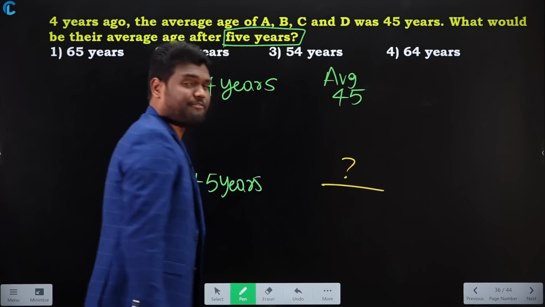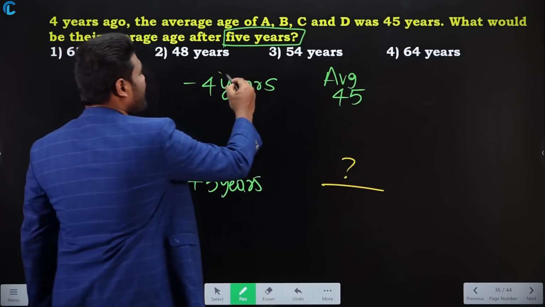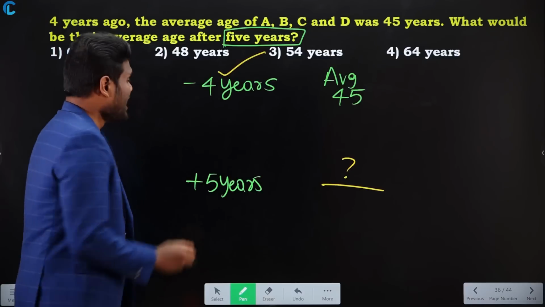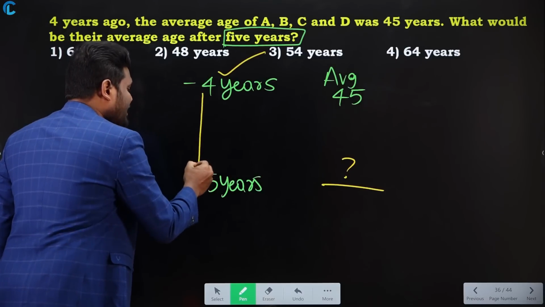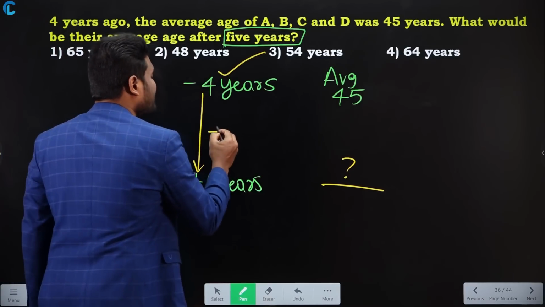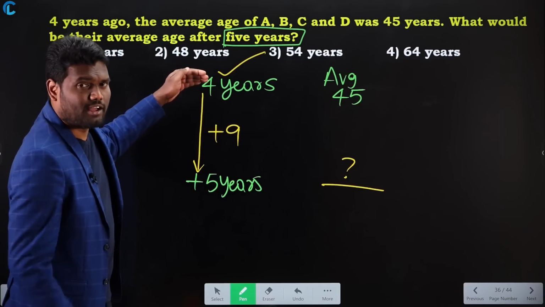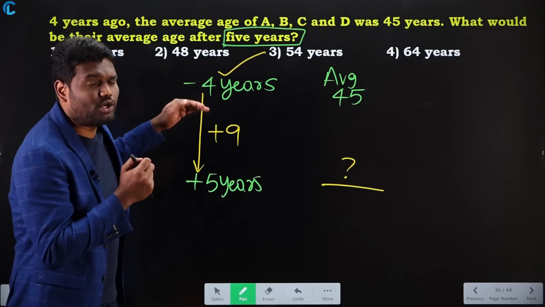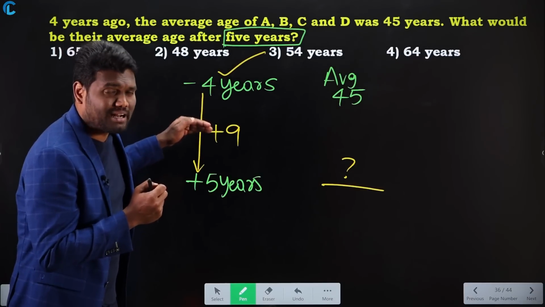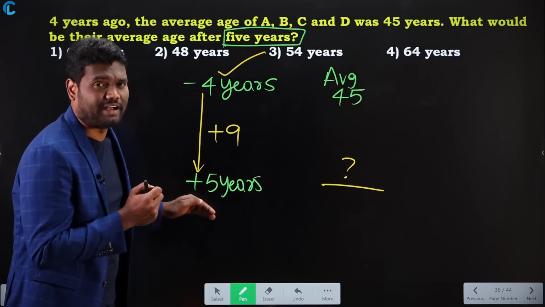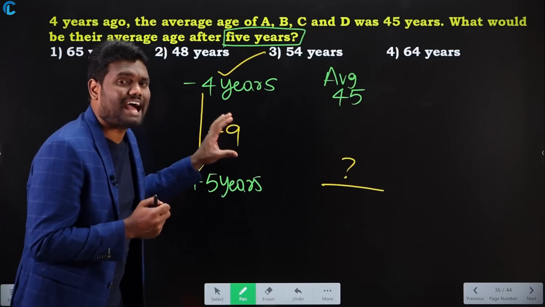If you observe here, 4 years back, average is 45. Now, from 4 years back to after 5 years, the difference is 9. Why? Because from 4 years back, I need to come to the present, and again from the present I need to go 5 years forward. So 4 plus 5, total I have 9 years.